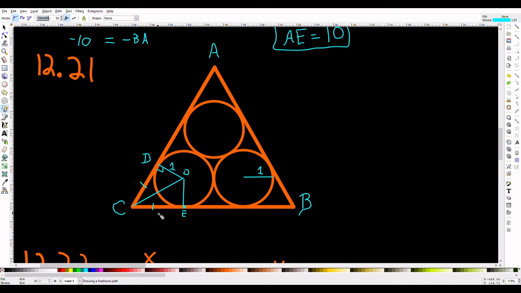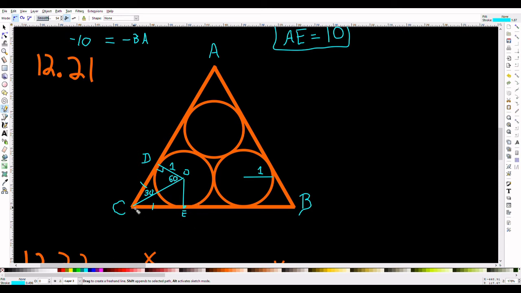How many degrees is DCO? It has to be 30, 1/2 of 60. That makes DOC 60. A 30, 60, 90 triangle, you say. So what is this hypotenuse line from C to O? That's going to be 2.